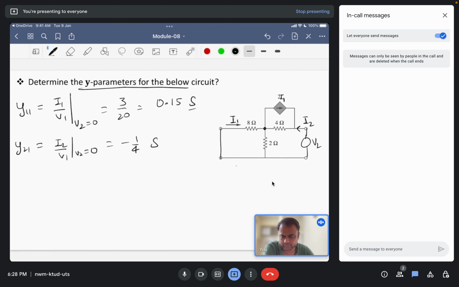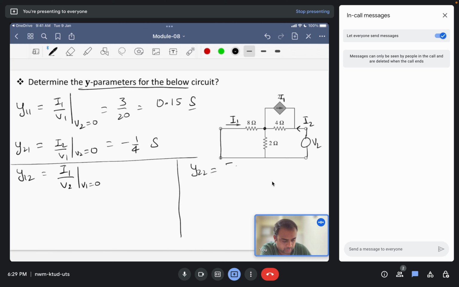It's better to calculate y12 first. So y12 is I1 by V2 given V1 is 0. And the other thing will be to calculate y22, that is I2 by V2.